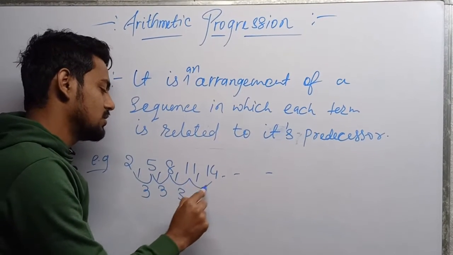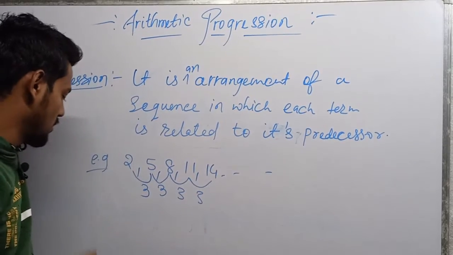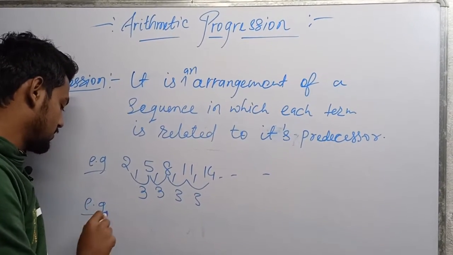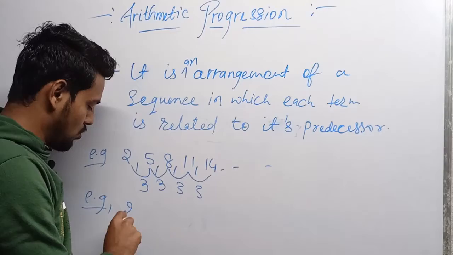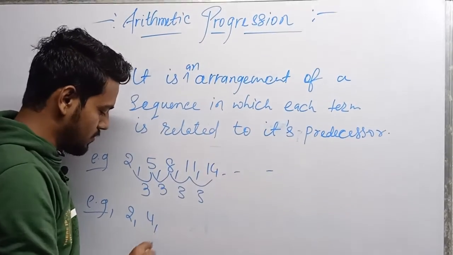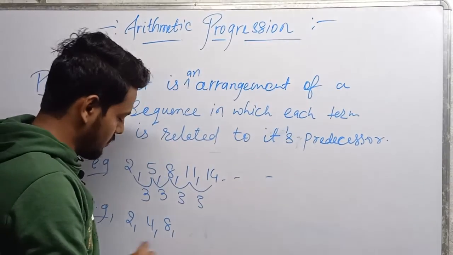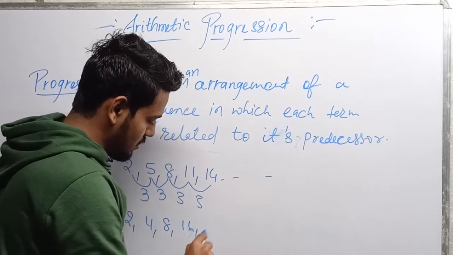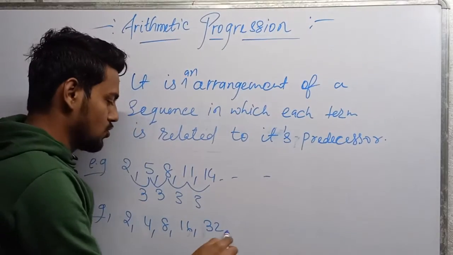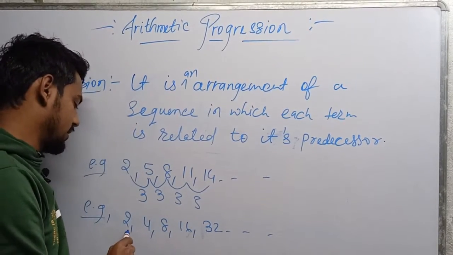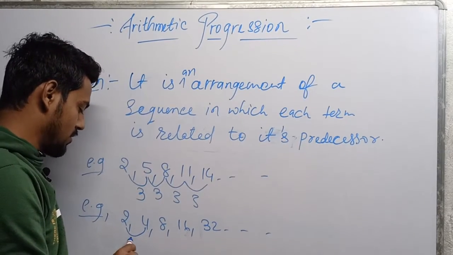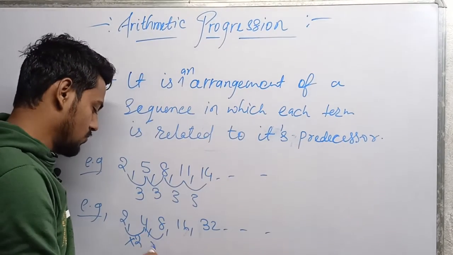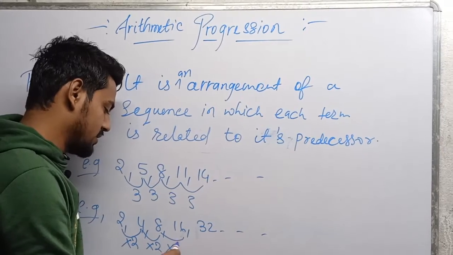So this difference is continuing. Let's take another example. Let's say 2, 4, 8, 16, 32. So here we could easily see that each term is multiplied by 2 to get the next term.